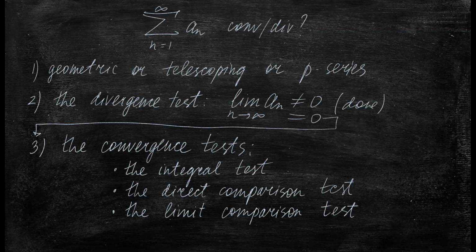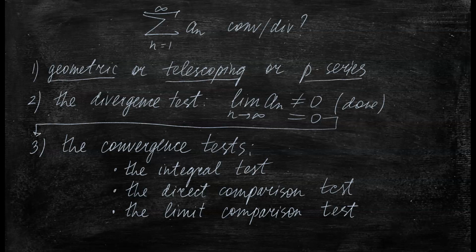So every time we have to ask ourselves whether a given series converges or diverges, we follow this flow chart. First, we try to recognize whether it is a geometric or telescoping or p-series.